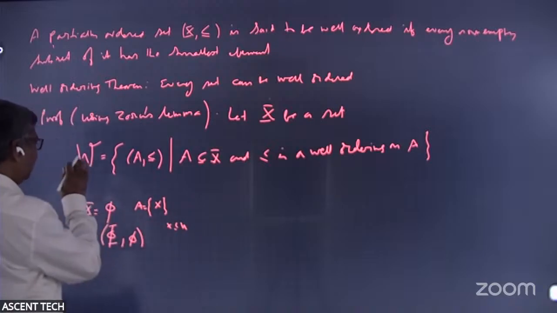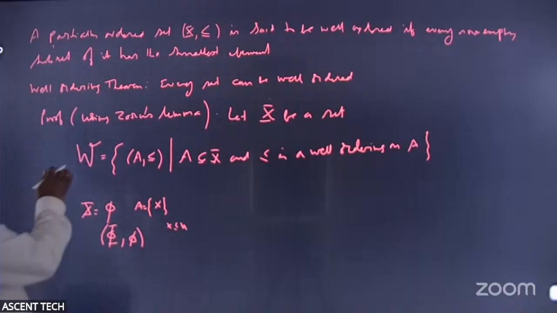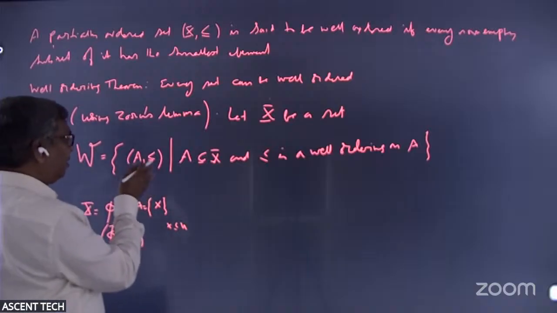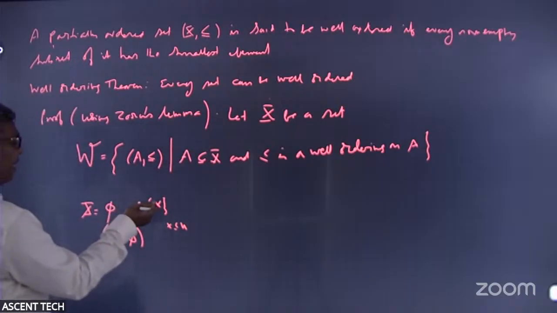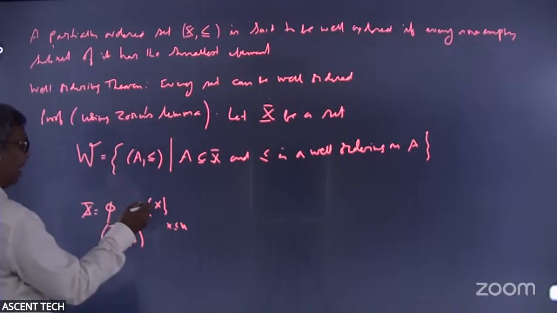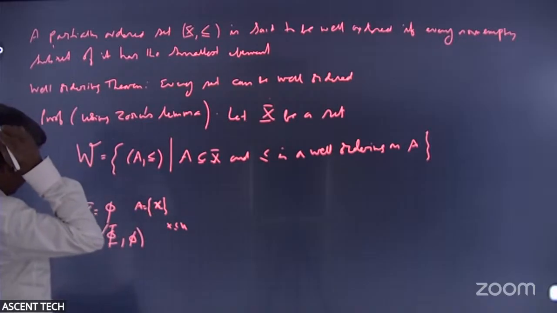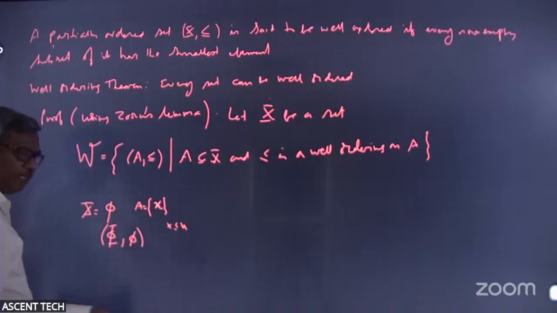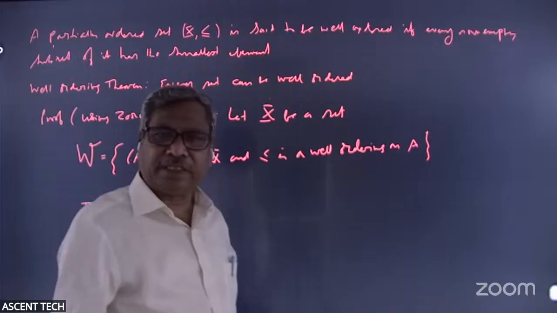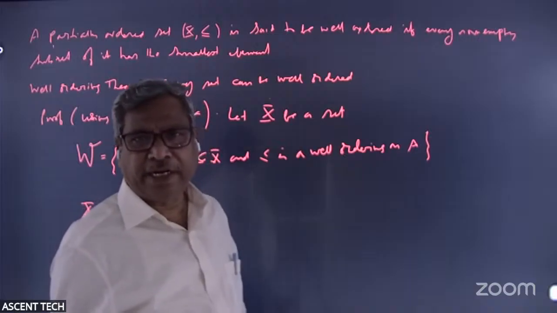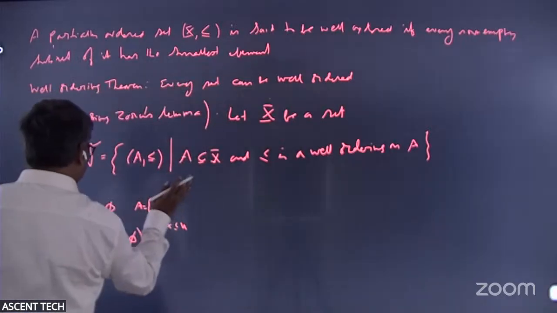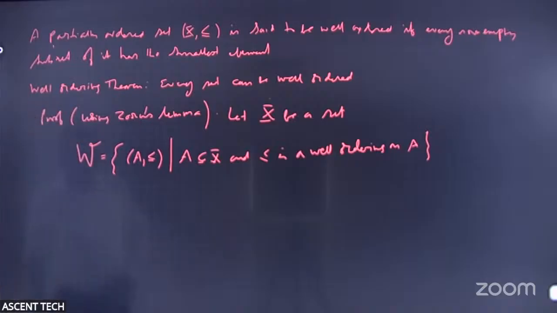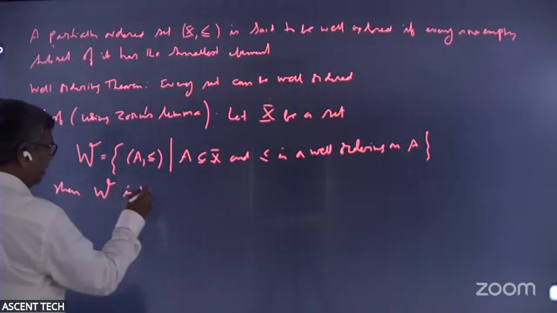What non-empty subsets does it have? Itself, and the smallest element is itself. So definitely W, the class of all well-ordered subsets of X, is non-empty.